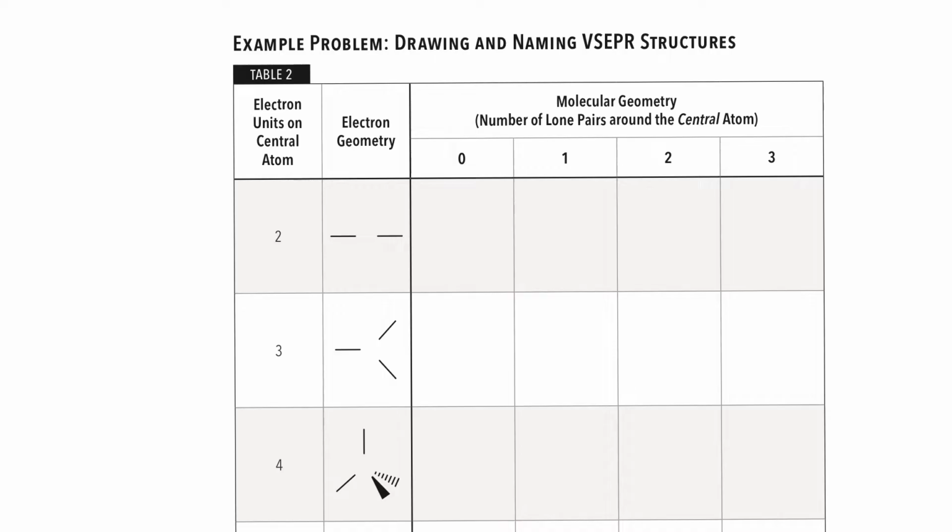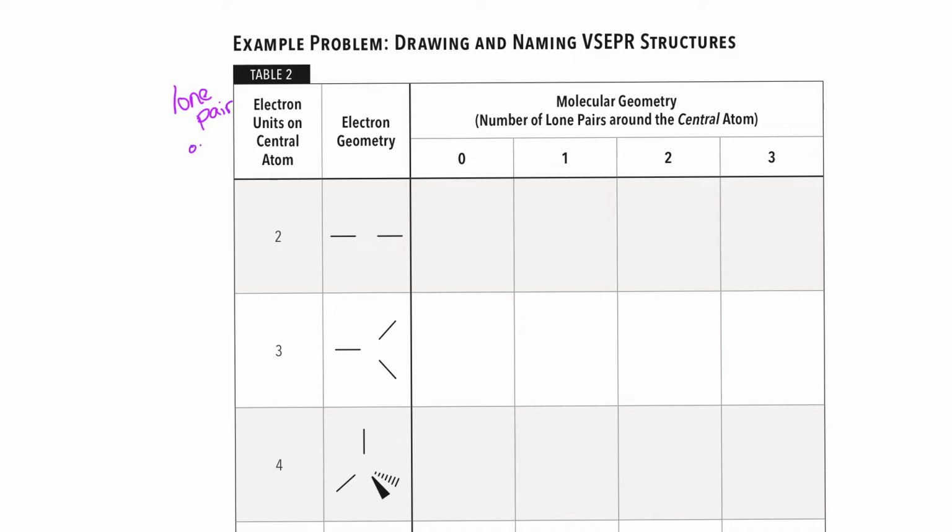Now, our electron units are going to be things like lone pairs on the central atom. So we're going to count the number of lone pairs, so not the total number of dots, but just the number of pairs of dots.